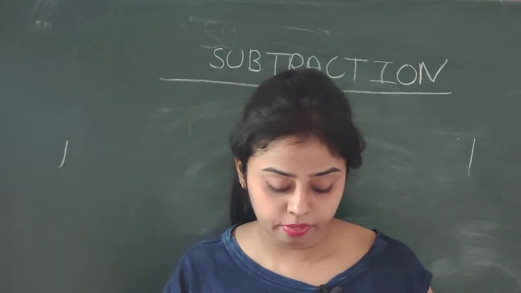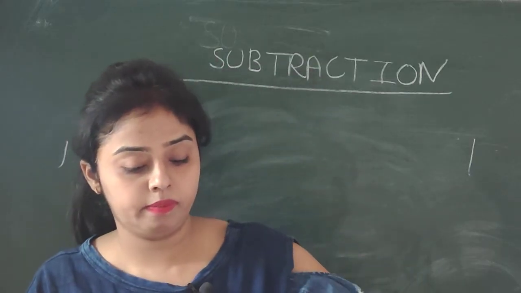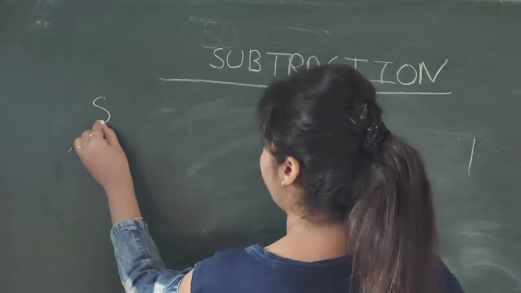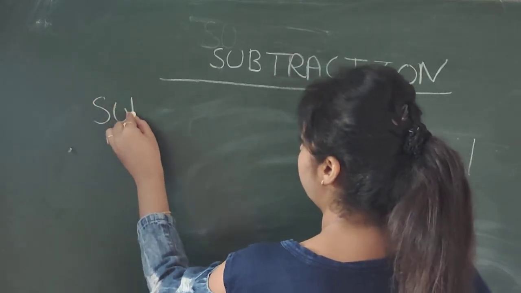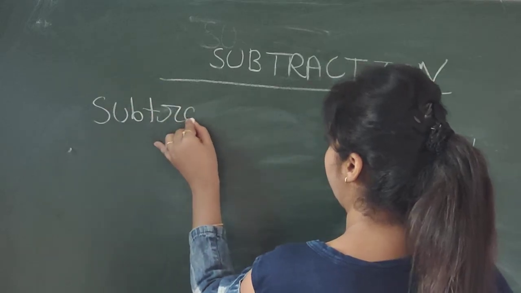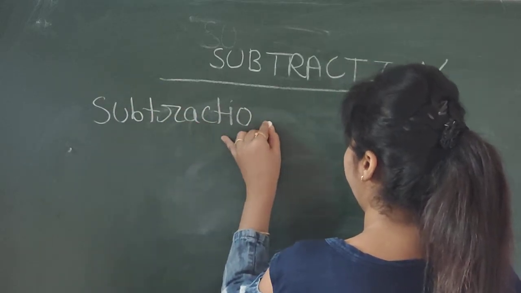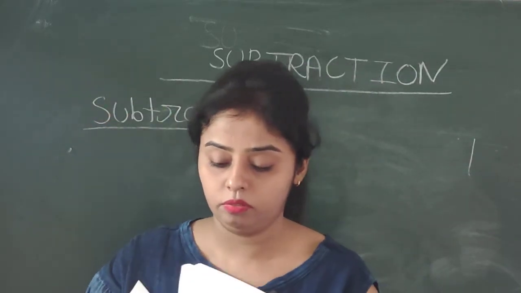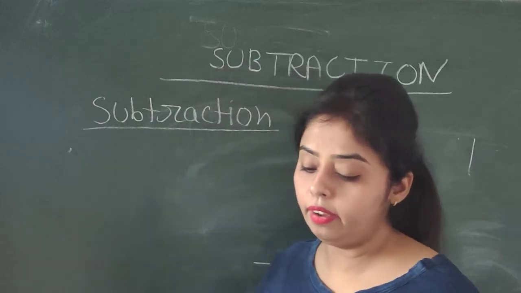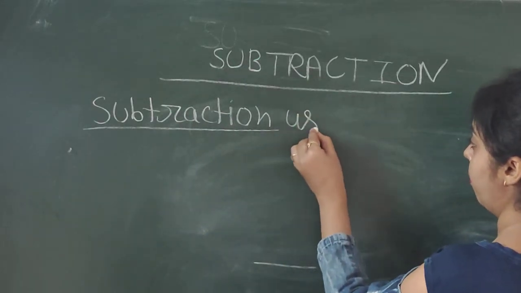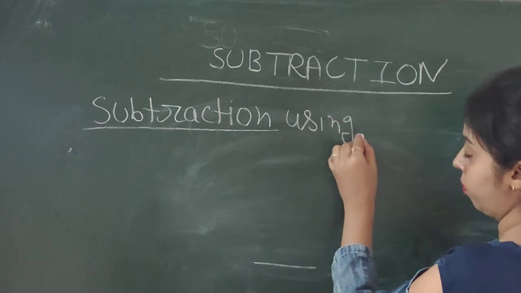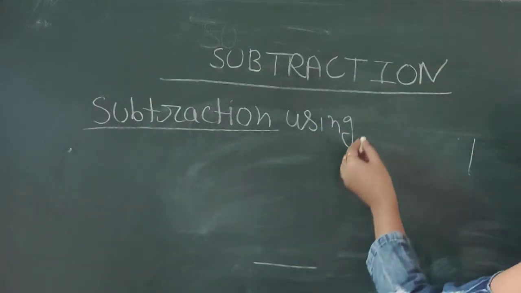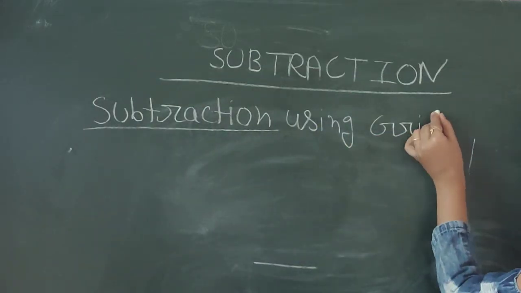Page number 57. Heading: subtraction using grid method.